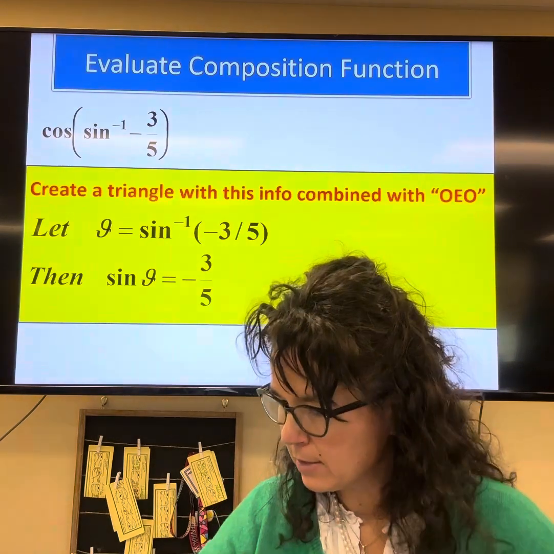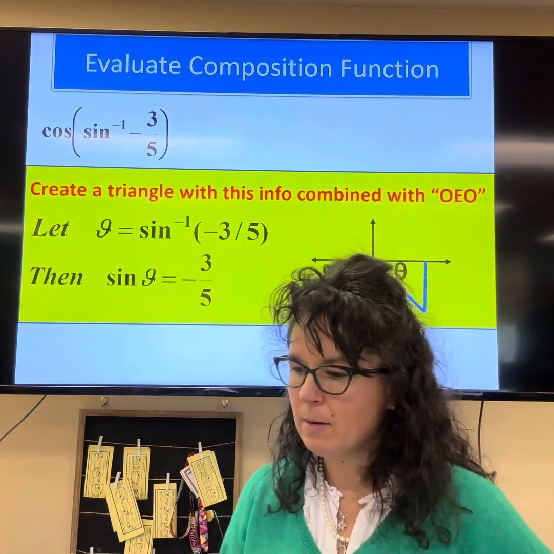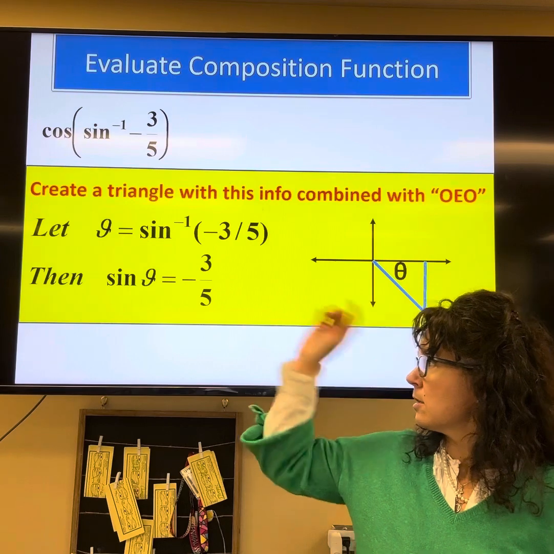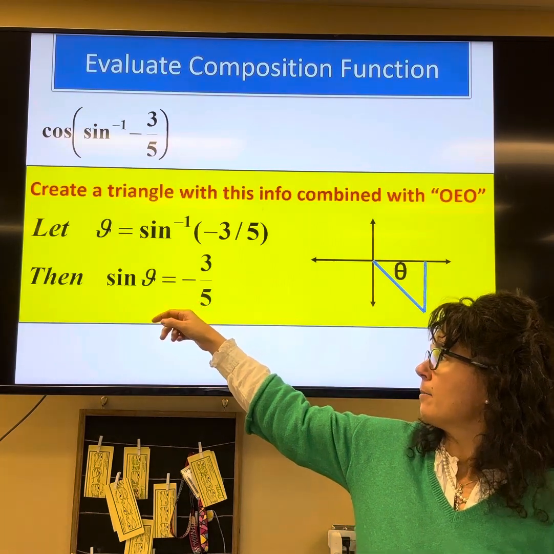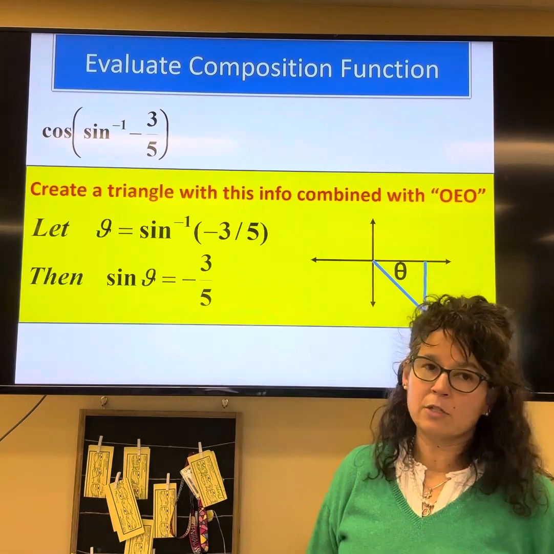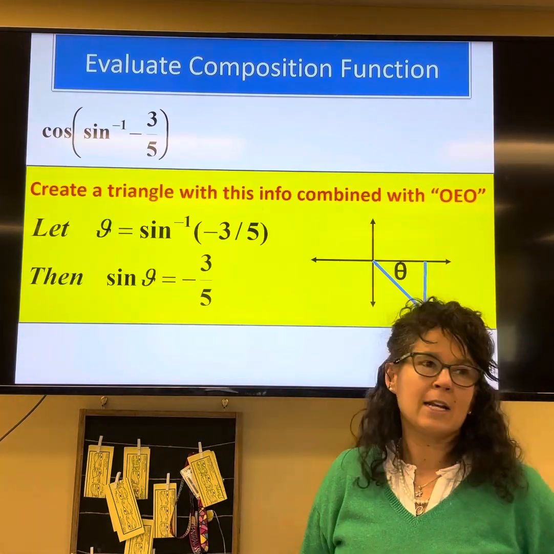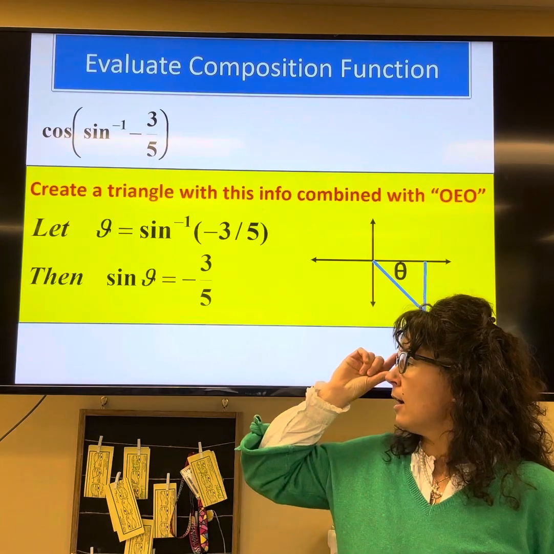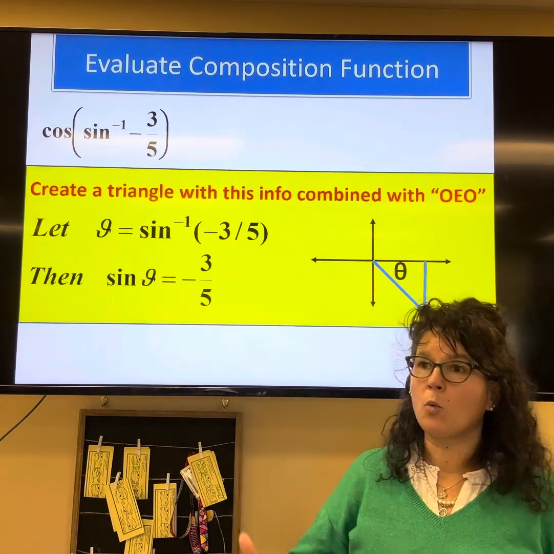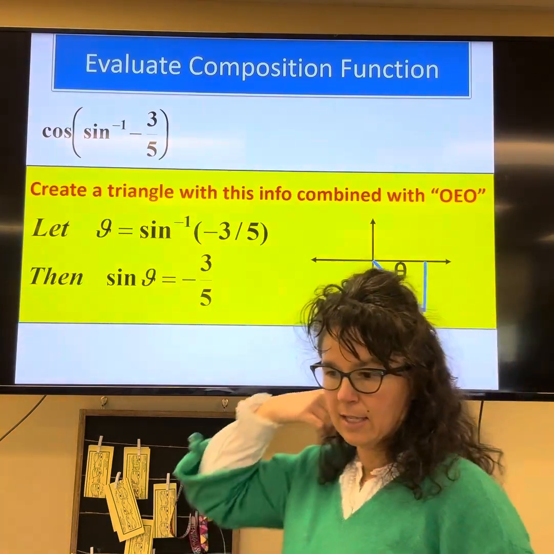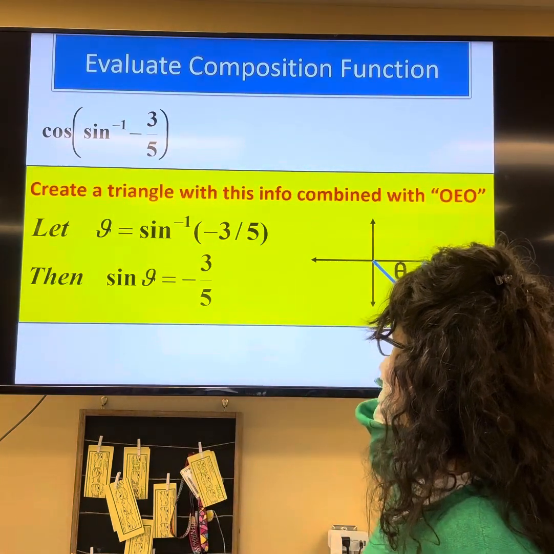So I'm going to build this in quadrant 4. Restating that again in layman's terms, if sine is a y-coordinate and my only options for inverse sine are quadrants 1 and 4, then quadrant 4 is where the y-coordinate is negative.